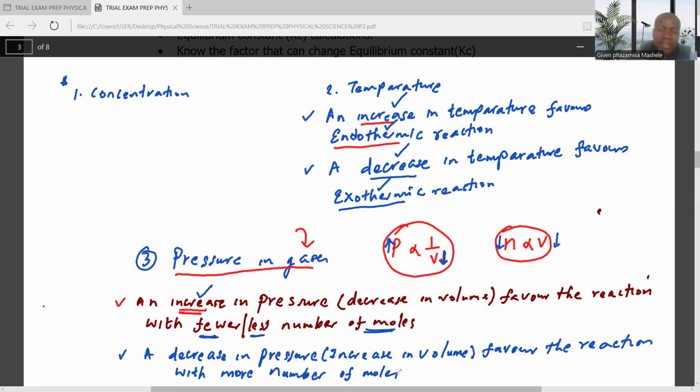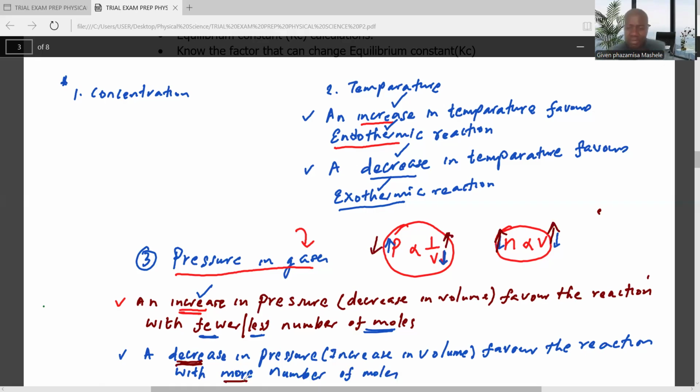Why this? Explaining it again. If pressure is low, volume becomes higher. And if volume becomes higher, number of moles has to be more. That's why a decrease in pressure, according to Le Chatelier's principle, must favor the side that's the reaction with more number of moles.